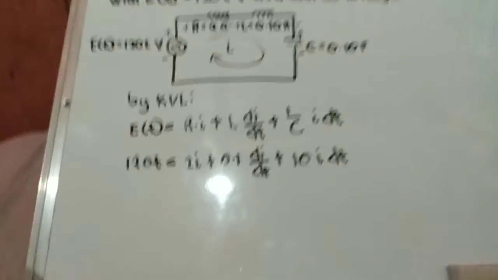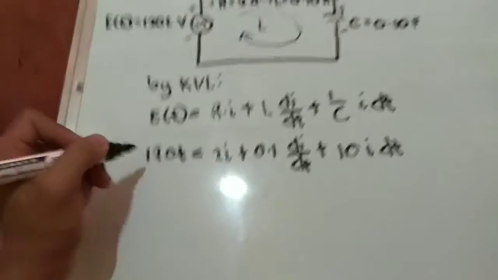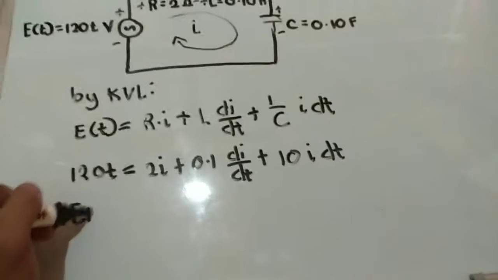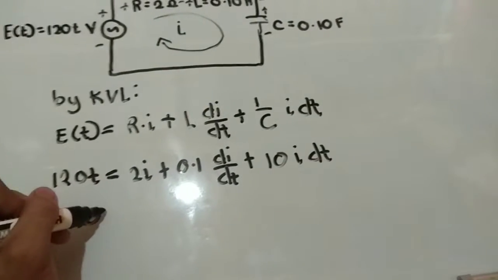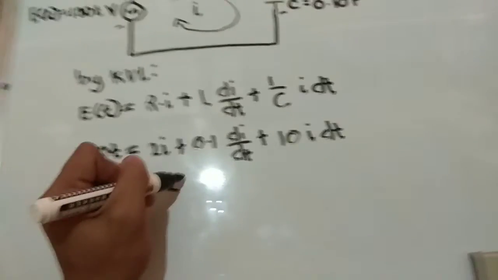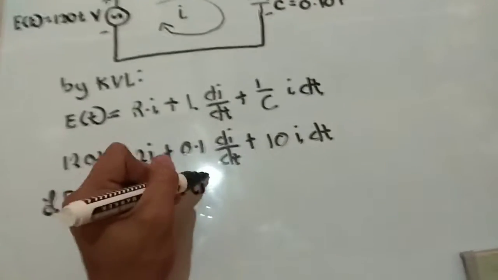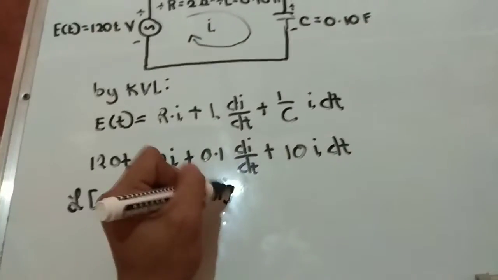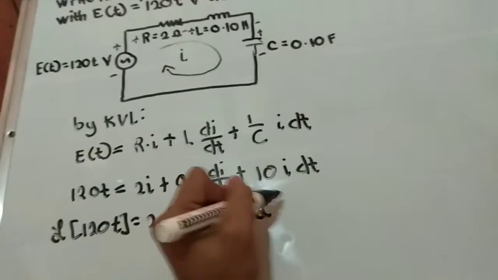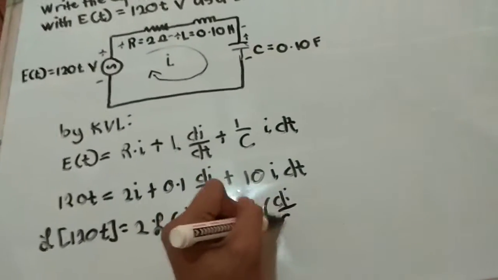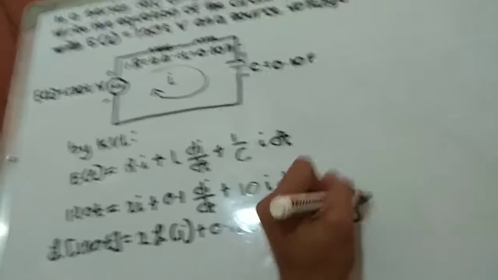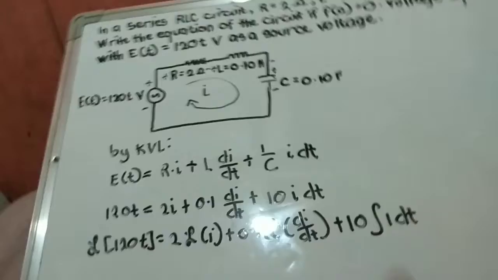So by Laplace transform, Laplace of 120t is equal to 2 Laplace of i plus 0.1 Laplace of di over dt plus 10 Laplace of the integral of i dt.